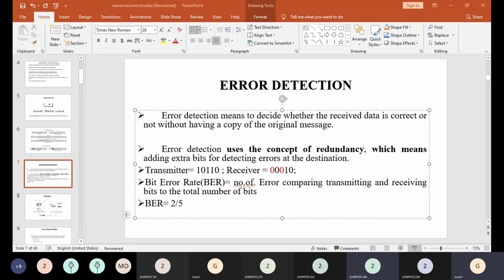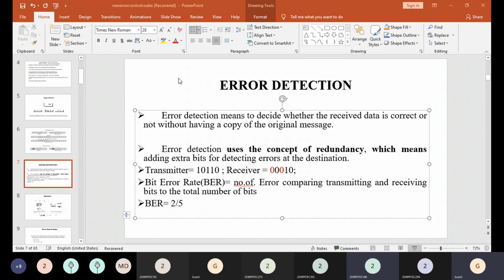To guarantee the detection of up to S errors in all cases, the minimum distance in a block code must be d min equal to S plus 1. So you need to calculate the minimum distance, which is nothing but S plus 1. In a linear block code, the operation is always either modulo 2 or an exclusive OR operation.